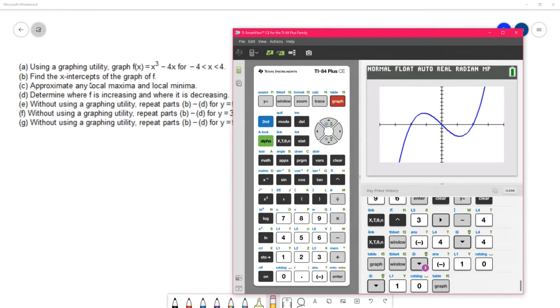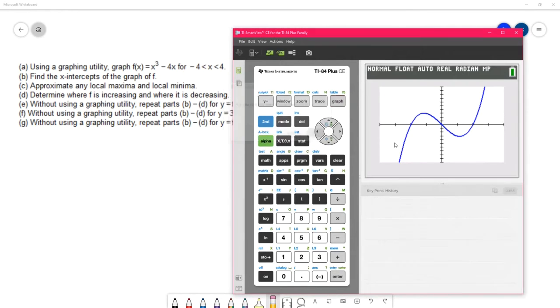So first it says find the x-intercepts of the graph. So just visually looking here, we can see those x-intercepts are at negative 2 and positive 2, but your calculator does have a feature that will be able to get us the exact value.